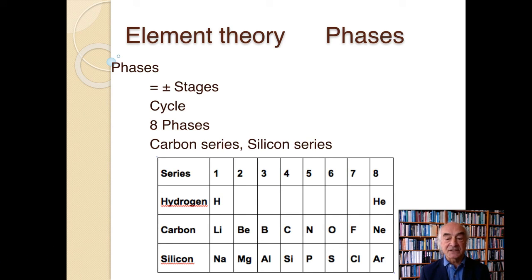And there are only 8 columns. And those 8 columns are the 8 phases. So phases basically are the same kind of thing as the stages. They represent a cycle, but there are only 8 phases in it. I named them phases to avoid the confusion with the stages.